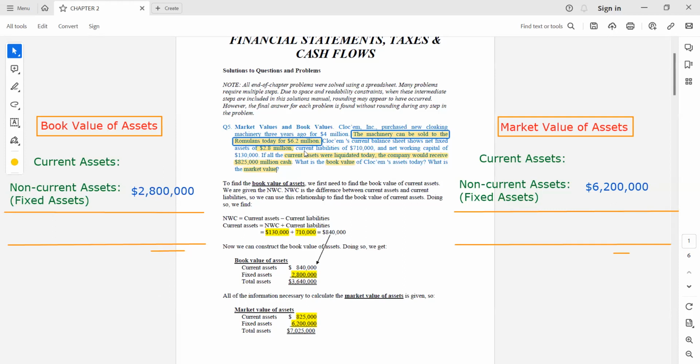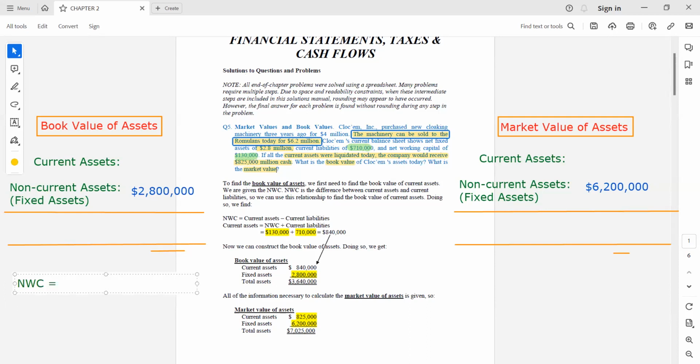But there's a problem. I do not have the book value of the current asset. How do I get it? I have the current liabilities, and I have the net working capital for the book value. So am I able to calculate my current asset? I can. What's the formula that I mentioned in the beginning of the class?